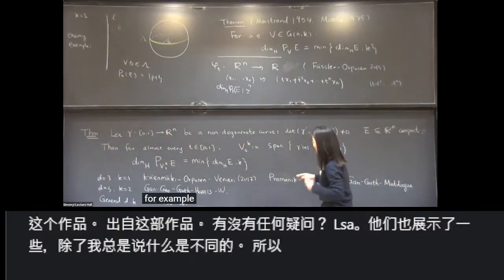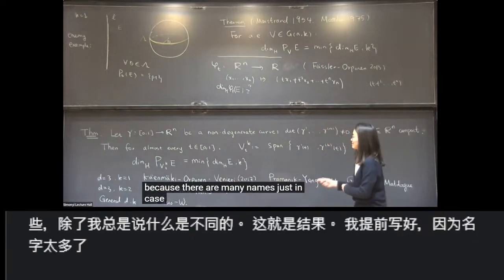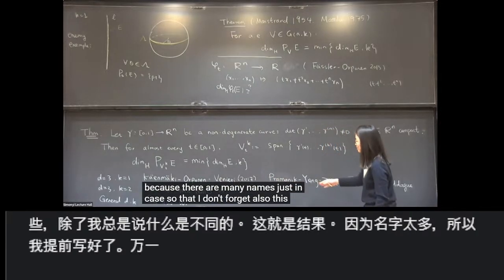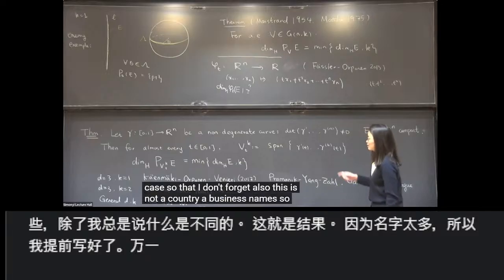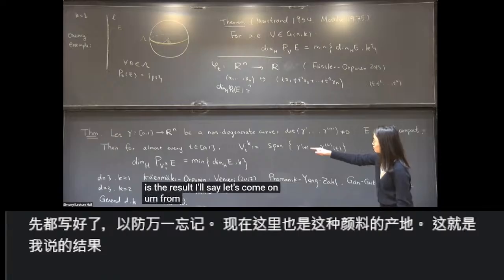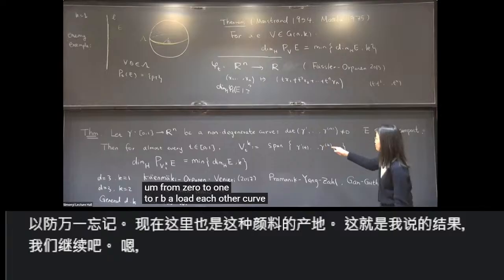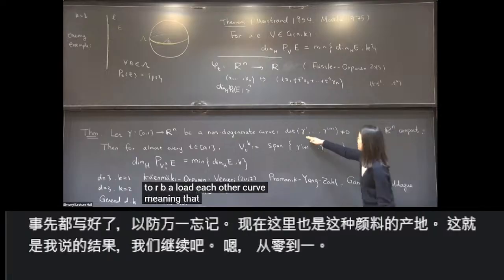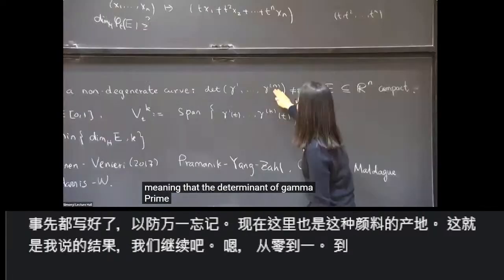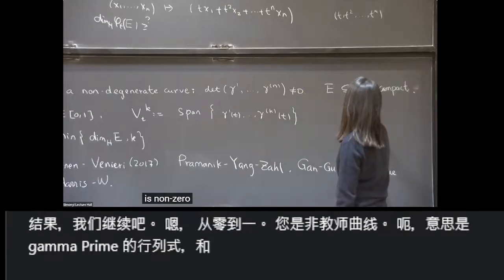This is the result. I wrote it beforehand because there are many names, just in case, so that I don't forget. Also, this is not a complete list of names. So this is the result. Let gamma from 0 to 1 to Rn be a non-degenerate curve, meaning that the determinant of gamma prime through gamma to the n is non-zero.